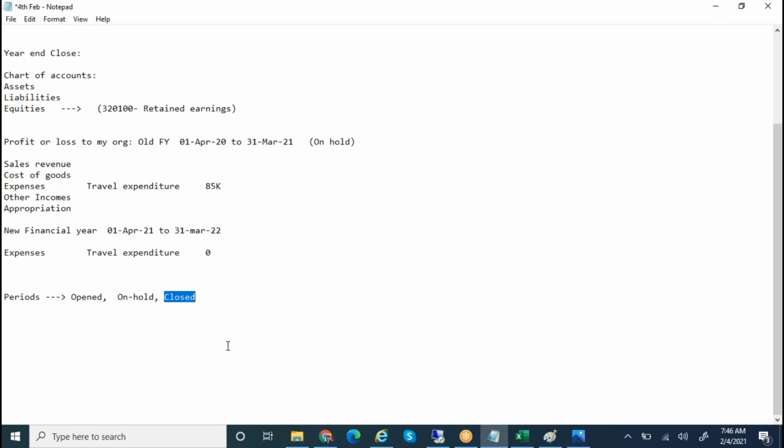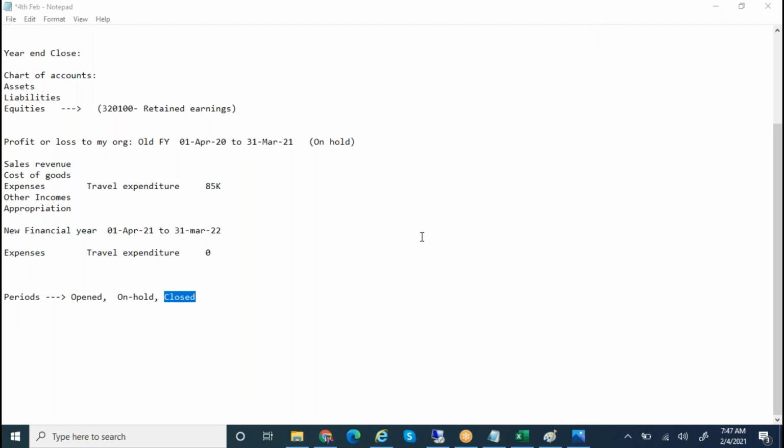But if government authorities are verifying your books of records, then I will keep them open for at least the last 3-4 years, and if required we'll do some calculations and submit to the government authorities. But five years back, you are not going to modify any transactions, so for those periods I can make it closed.